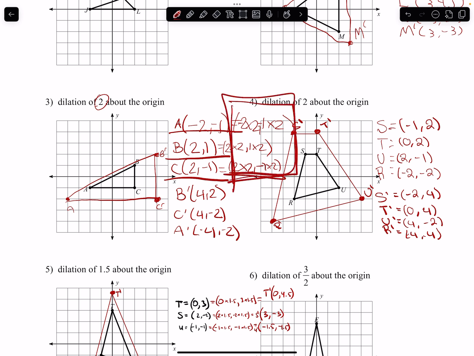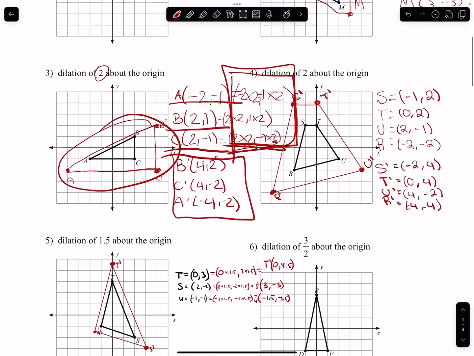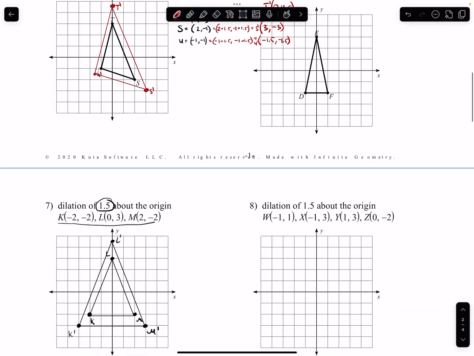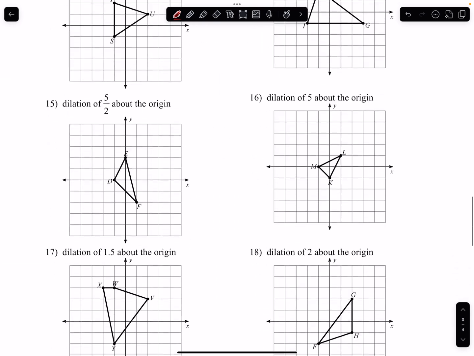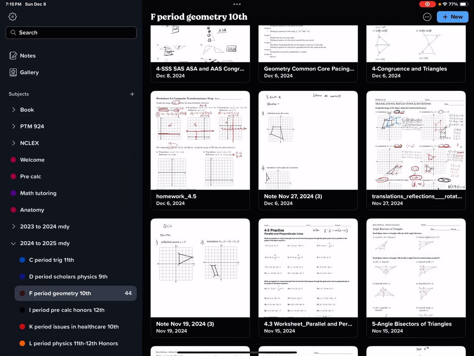I want you to multiply the x and the y, give me the new coordinate points, and voila, there you have it, right? So for a dilation, your shape will, of course, change. It'll be either bigger or smaller, depending on the factor that you're dilating by, okay? So we did dilations, surely. You guys can go back and review.